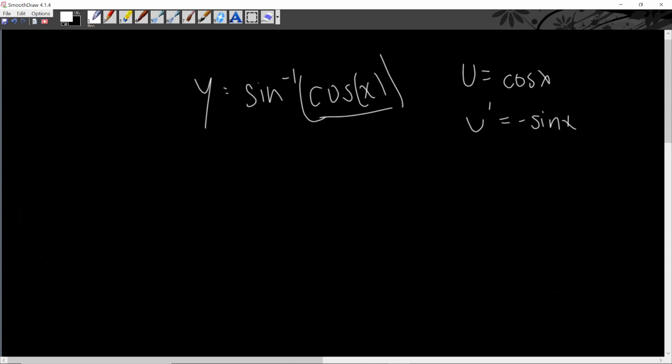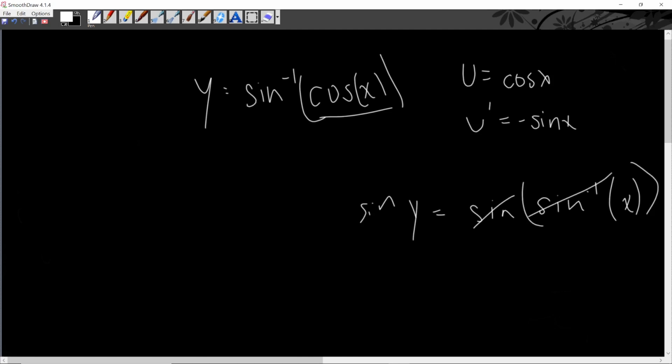And from here, even though I said I wasn't going to show this derivative, I'm going to show it because it's fun. So we have y equals arcsine x. So we'll just do sine of both sides. Again, these are very similar proofs to the one that we did a little while ago. Sine of arcsine will cancel out, inverse operations, we have sine y equals x. So now we do the derivative with respect to x on both sides, and then we get cosine y dy dx.